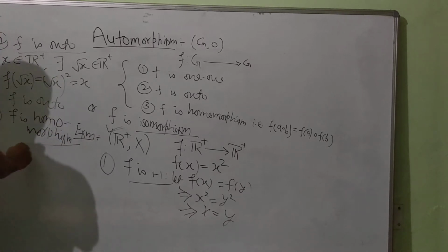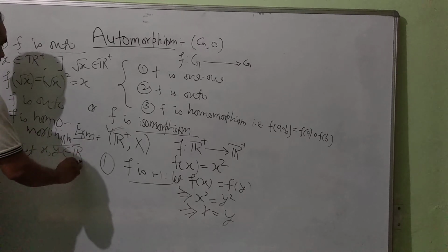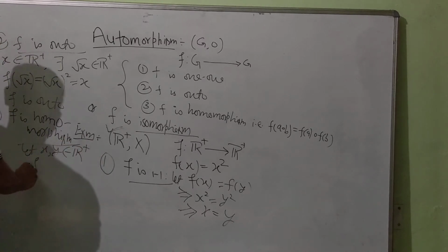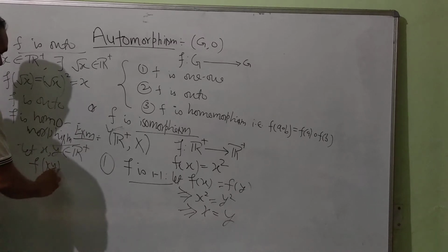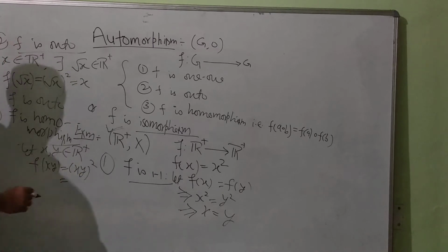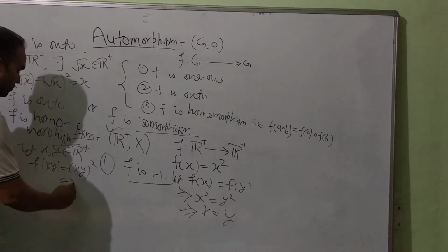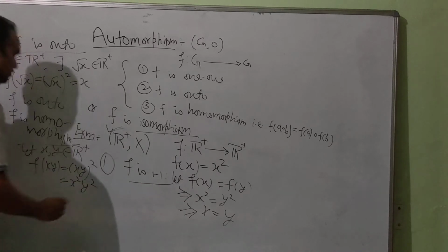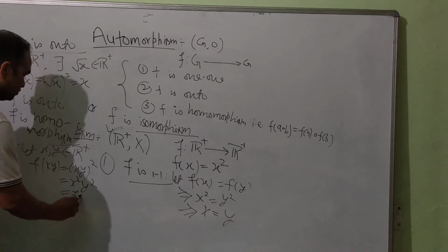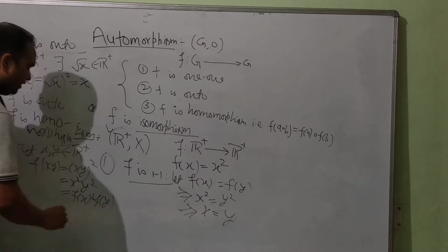For this, let x and y be any elements of this group, then f of x into y is xy whole square, and because this group is an abelian group, we can write this as x square into y square, and x square is f of x by definition and y square is f of y by definition.